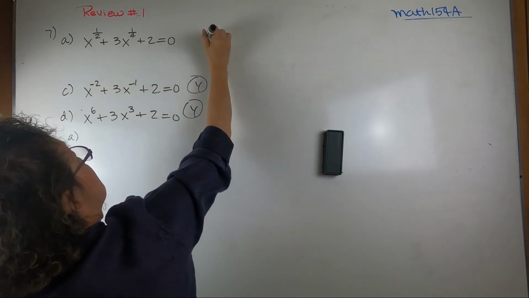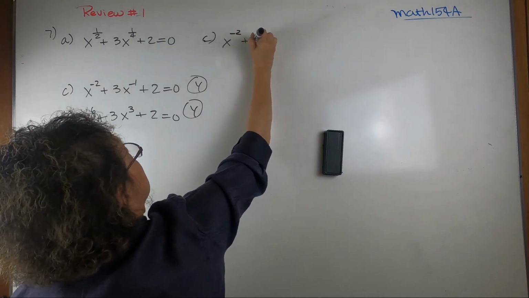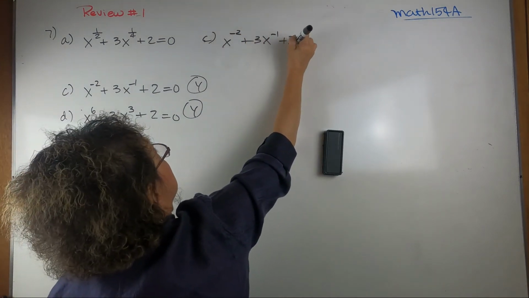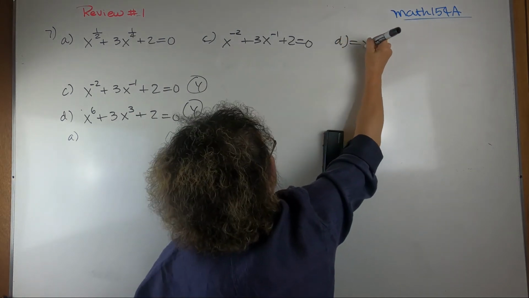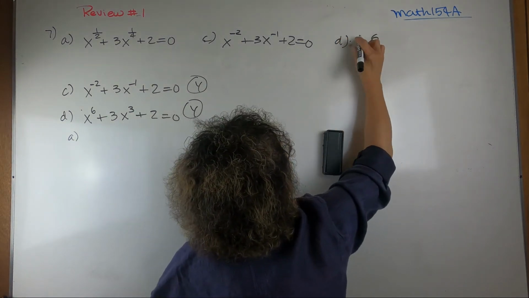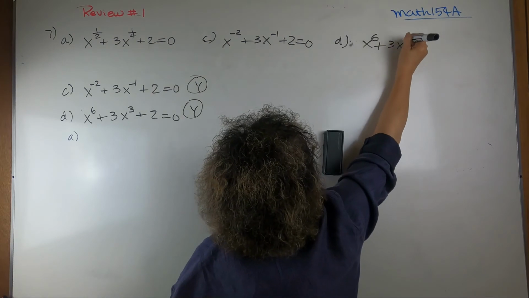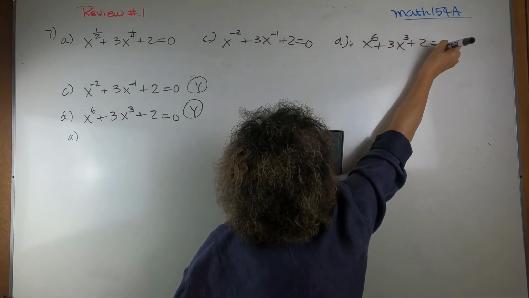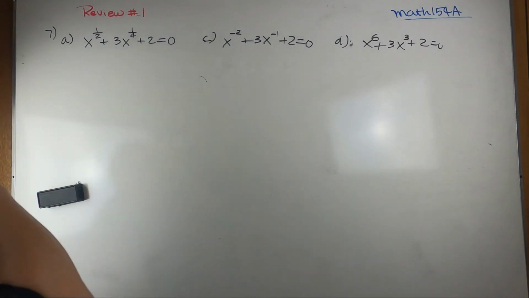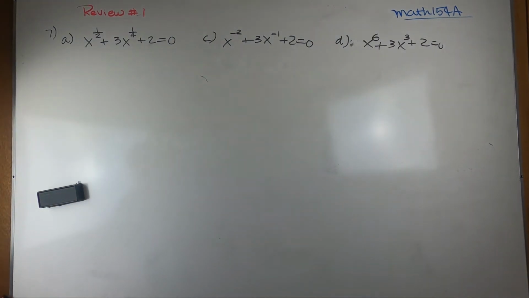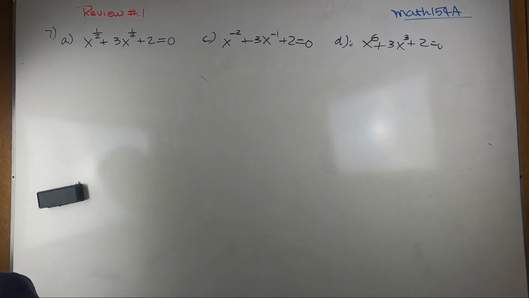Then, for the c, -2 plus 3, x^-1 plus 2 equals 0. The next one is x^6 plus 3x cubed plus 2 equals 0, right? Because they are all similar and only the results are different, the process is the same, right?